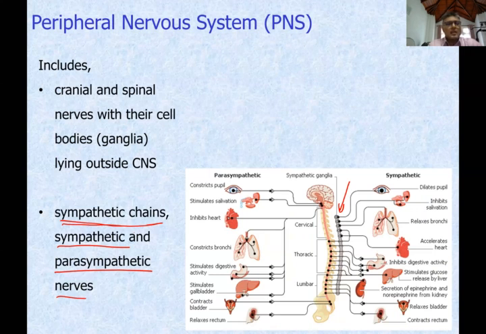So when they are separate, usually you call them splanchnic nerves. You can have different types of splanchnic nerves. When you do the abdominal dissection, the pelvic dissections, you find splanchnic nerves. So they are separate autonomic nerves, but otherwise they are inside the same cranial or spinal nerves.